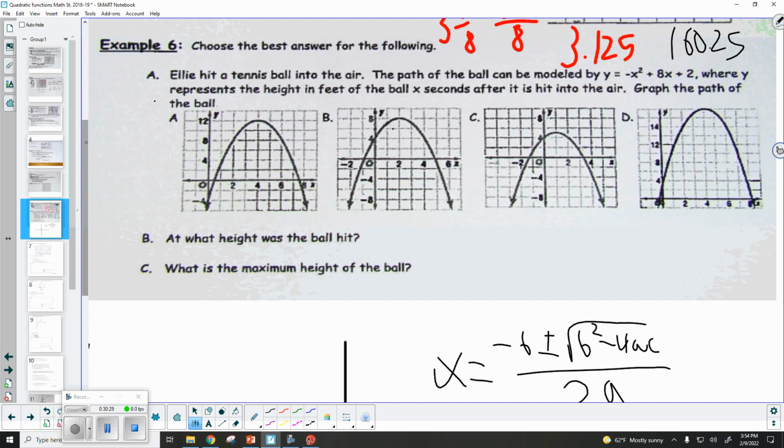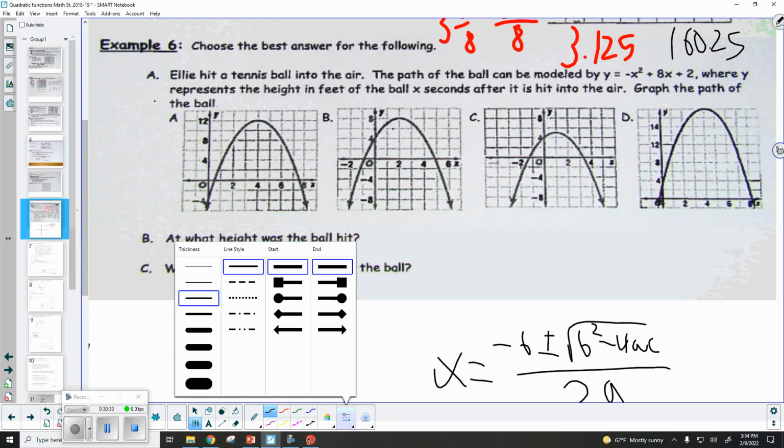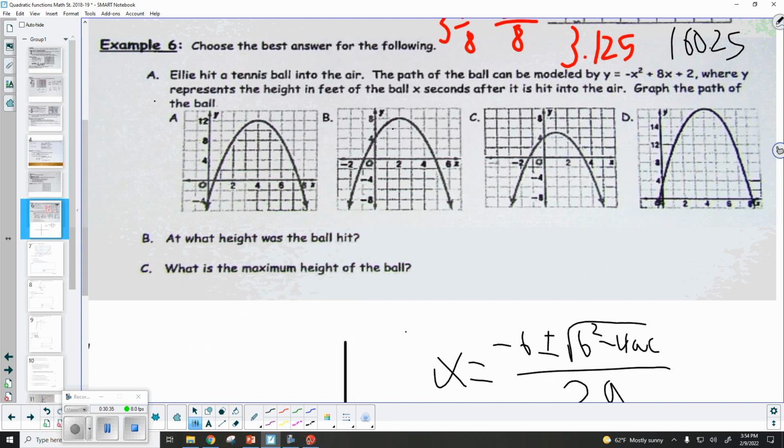So we have two things we can consider. We have our axis of symmetry, which cuts it in half, as well as our y-intercept for C. So out of those, which one would that be? That might be kind of hard to see.